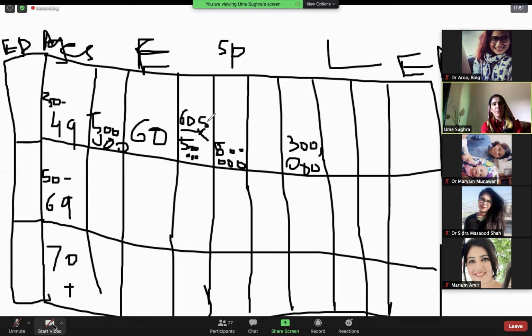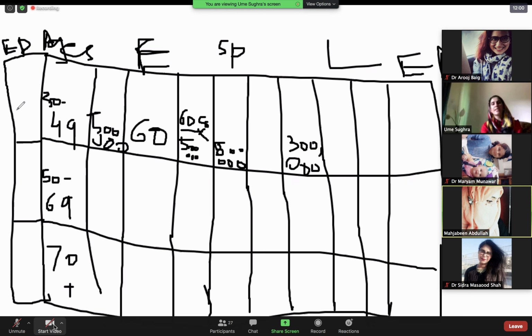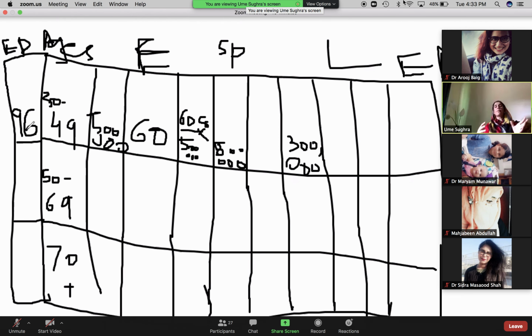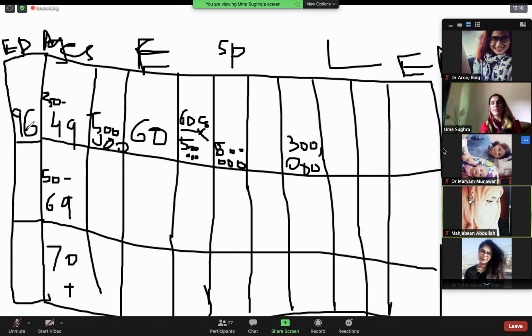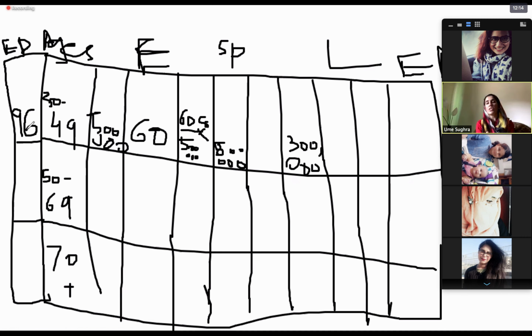We put in these observed numbers. How much do we get? 96, absolutely. So 96 deaths would have occurred in a population of 800,000 in the age category of 30 to 49 in the early period.